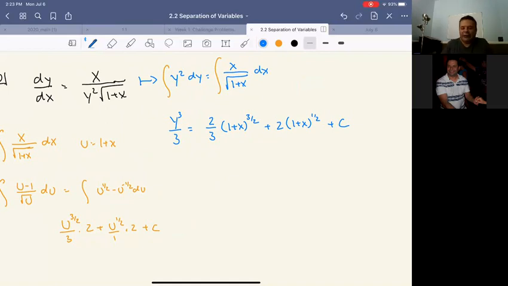All right, now here we're going to have to be a little careful. Okay, so let's multiply everything by 3. So we get y to the third equals 2 (1 plus x) to the 3/2 plus, let me just check something real quick.